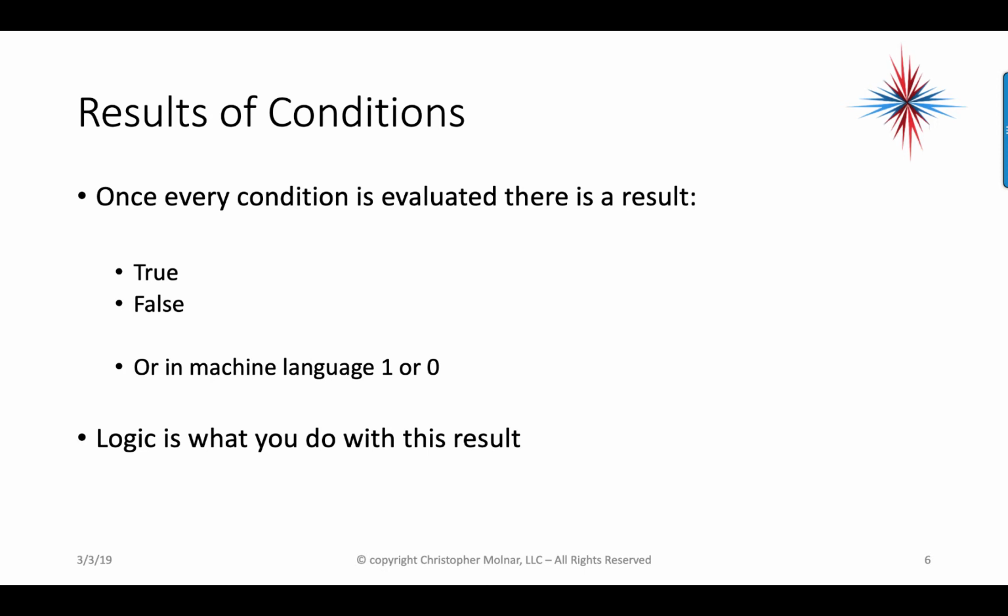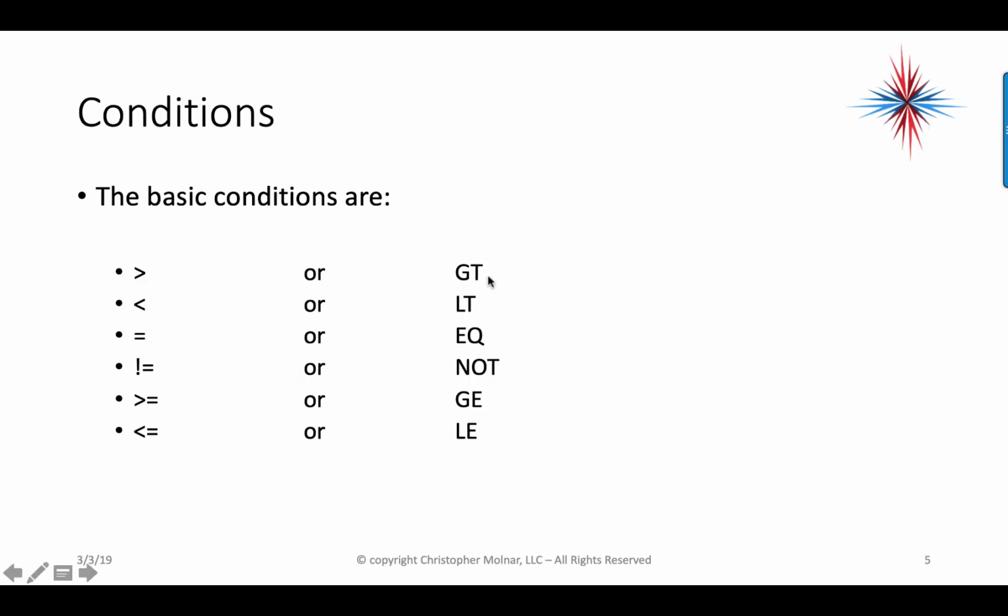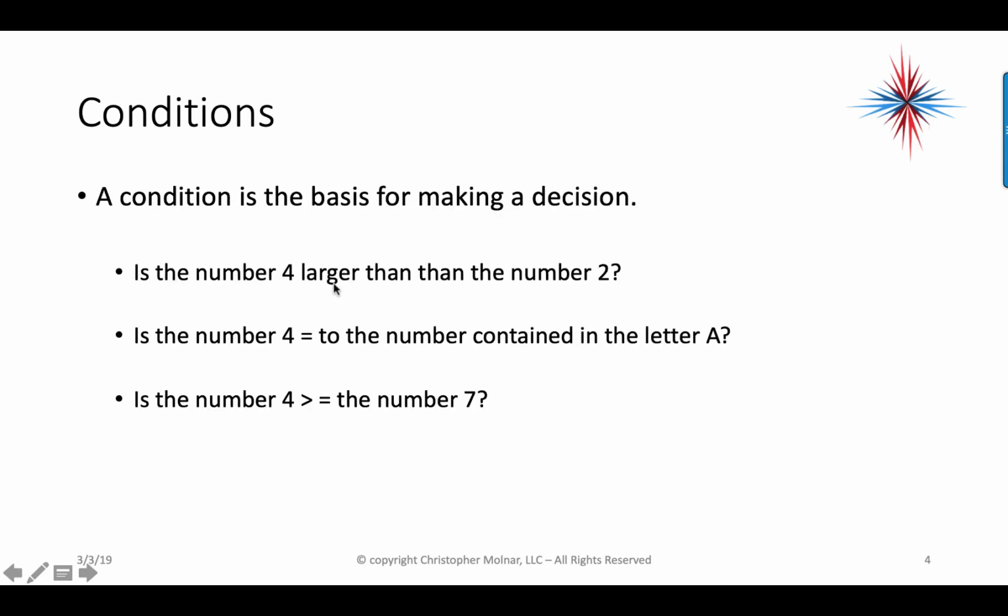Once every condition is evaluated, there's a result. It's either true or false. Or in machine language, this would be a 1 or 0. So if we go back to our conditions, is the number 4 larger than the number 2?